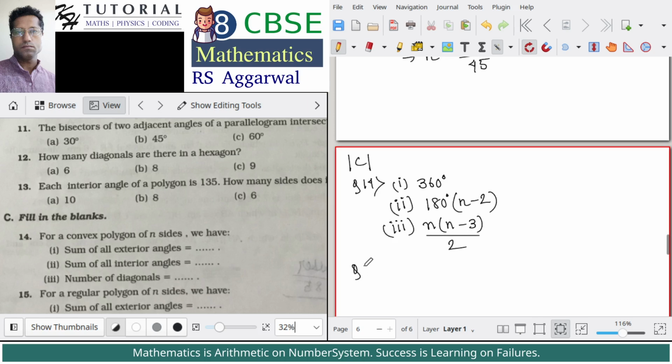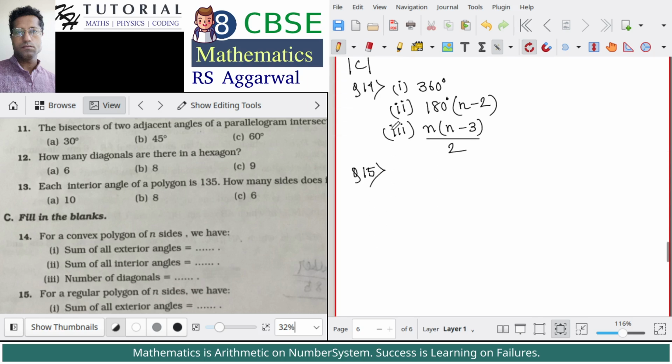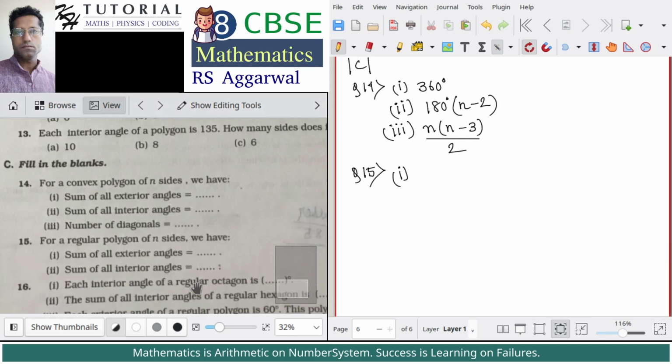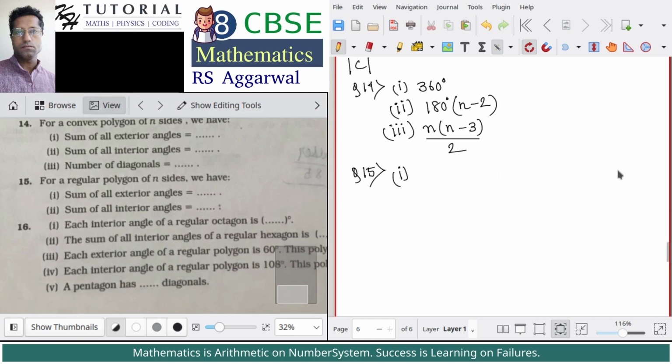Question number 15. These are also fill in the blanks questions. Part 1. For a regular polygon of n sides, the sum of all exterior angles will be 360 degrees. In general, for a convex polygon, no matter the number of sides, the sum of the exterior angles is always equal to 360 degrees.